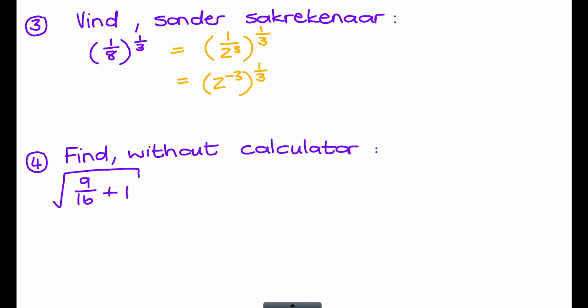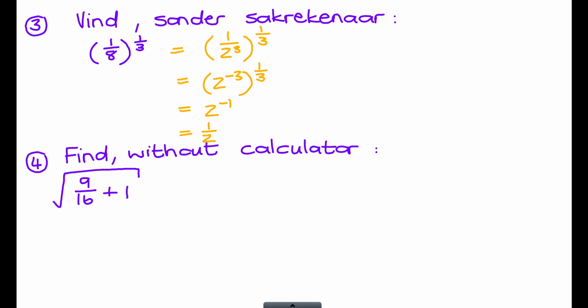Are you guys good with that? Nee? Okay, en nou weer eens die ou storie, ek het 'n mag tot 'n mag, so I can multiply those two exponents, which means that you're going to get 2 to the power of minus 1. En 2 tot die mag minus 1 is mos 'n half. Okay.